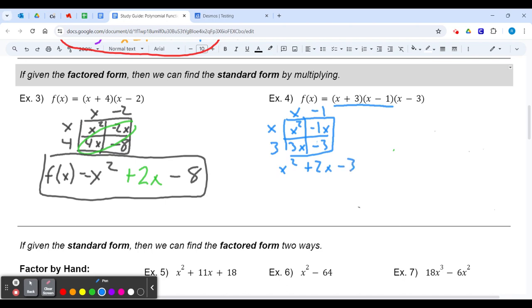And I'm going to take that and I'm going to multiply it with this other factor here. So that's the one that's left over. So I keep my parentheses around that. I then multiply with this x minus 3. And I'll set up this box on bottom. I have x minus 3.